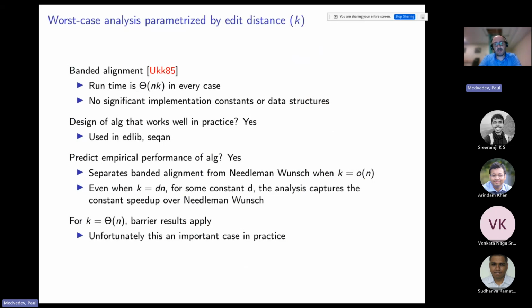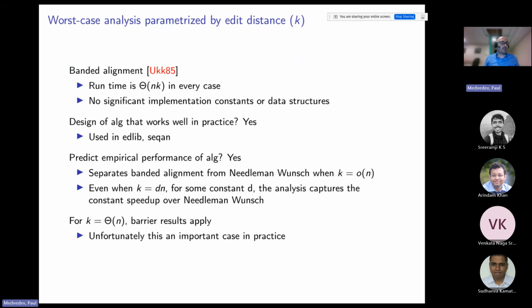But again, because of barrier results, there's only so far we can go beyond this, because when k is order n, then you go back to the barrier results I just mentioned. But this k theta n is a really important case in practice, and I'll explain why. If you take two genomic sequences between, say, two species, they evolve through some kind of mutation process. And the mutations, roughly speaking, are happening at every position with some probability over time.